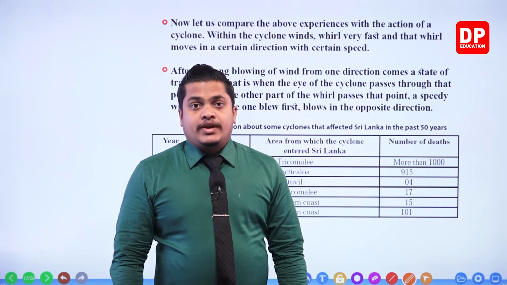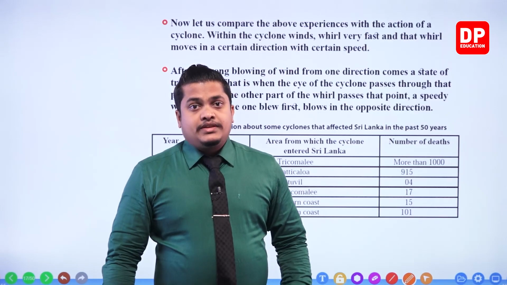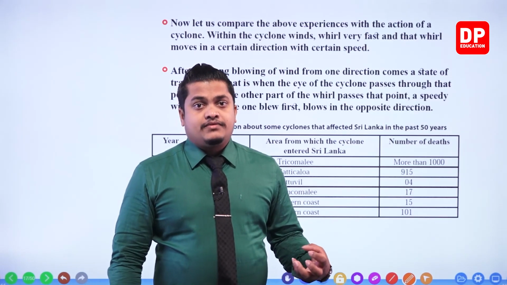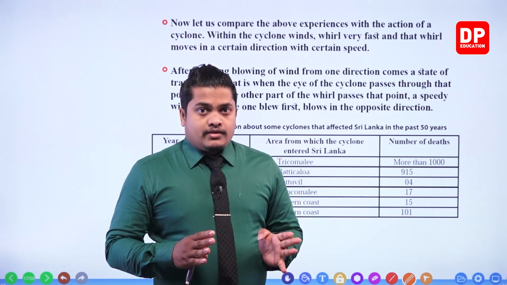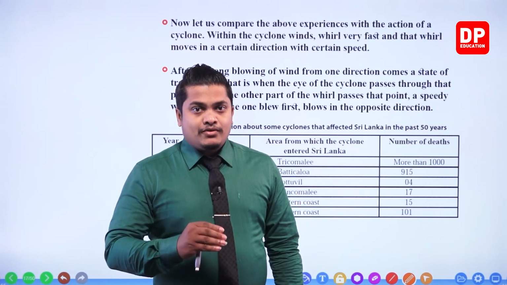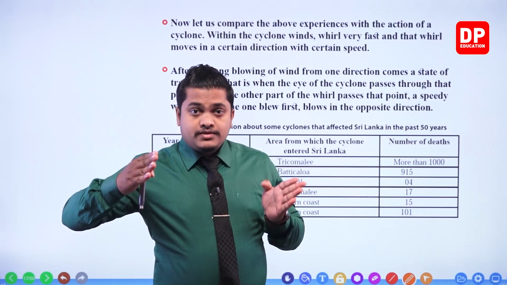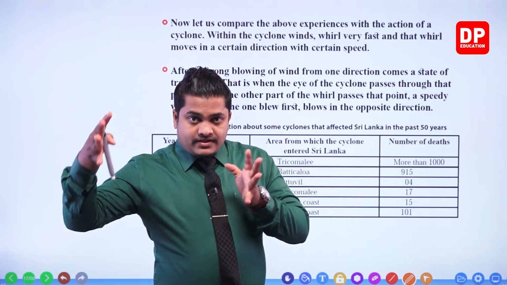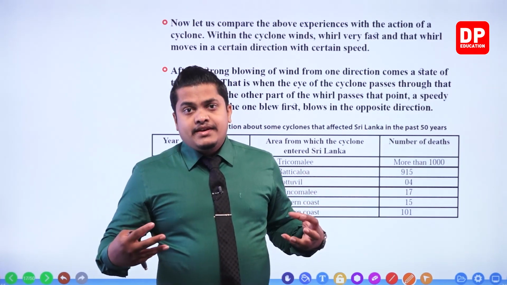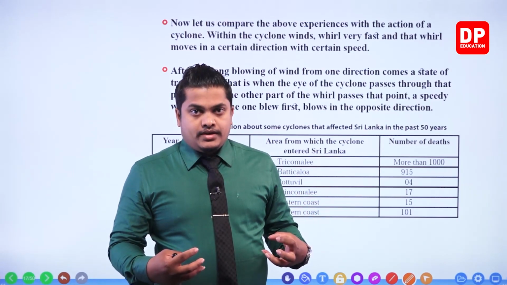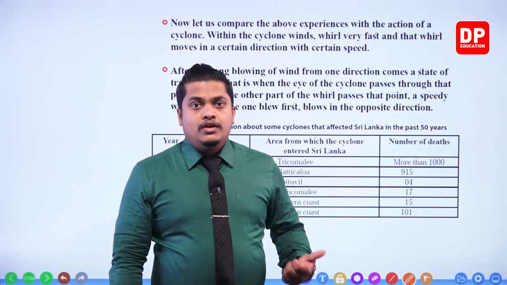So my dear children, you can clearly observe here. Even though we now think that this condition is finished, it's not, because in a cyclone there are three main regions. The first region and the last region have a heavy amount of rain and wind. However, the center, the eye of the cyclone, does not have any wind or rain.